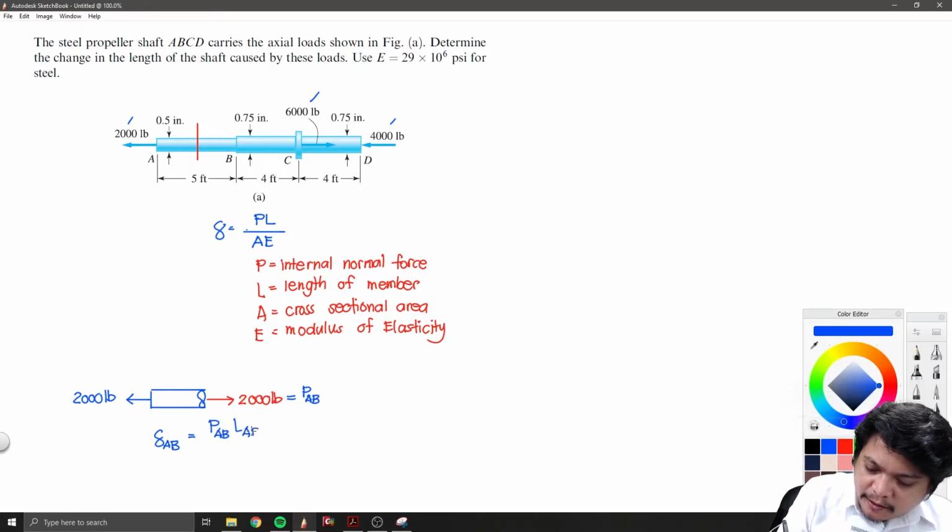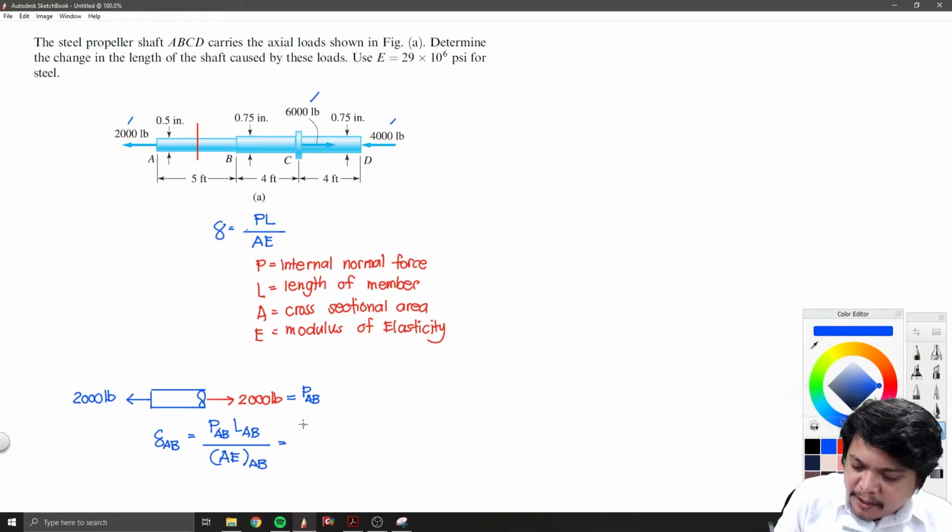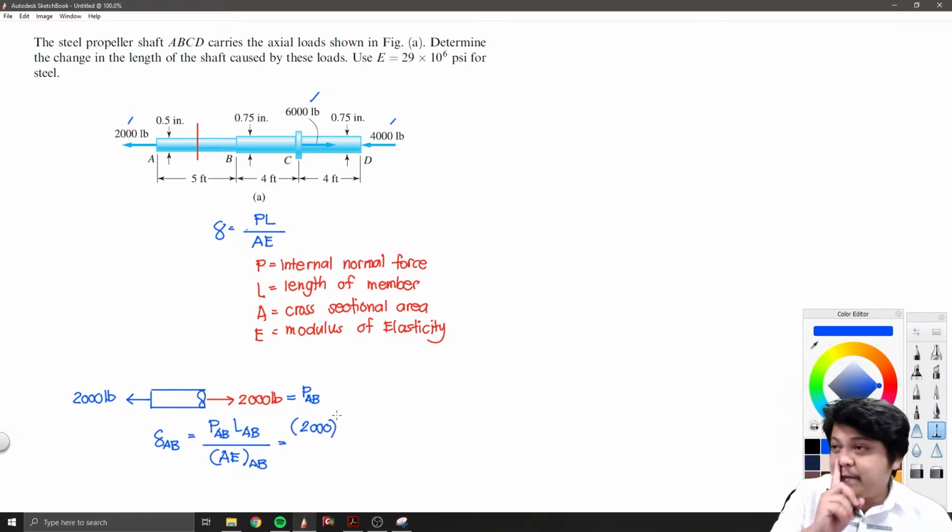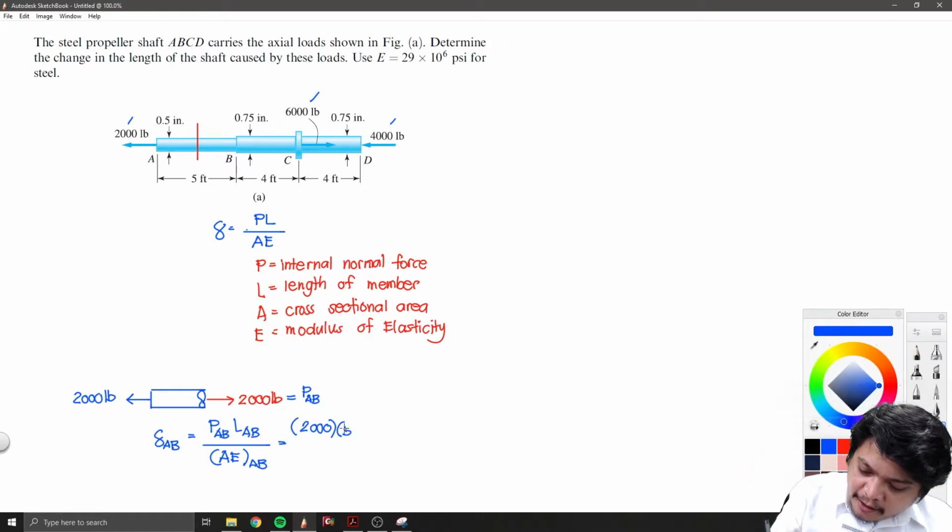LAB, all over AE of AB. Okay? So, we have P, 2,000. Ang L, kasi maliit lang yung mga deformation, maganda niyan, i-inches nyo na. So, yung L natin is 5 feet. Gawin na natin inches, so multiply ko na by 12.